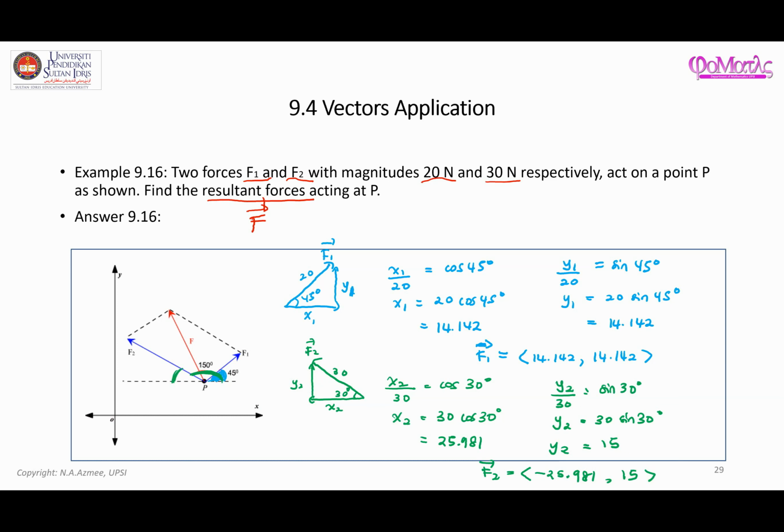Based on that, we can find the resultant vector. The resultant vector is vector F, found by adding vector F1 with vector F2, adding the components accordingly. For the X component, 14.142 plus negative 25.981 gives about negative 11.839.